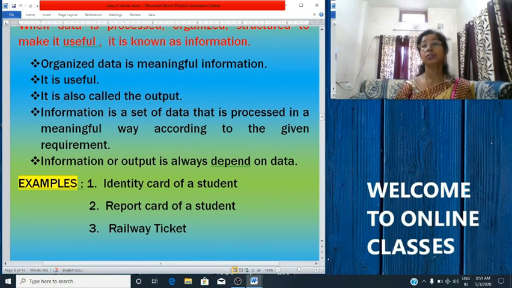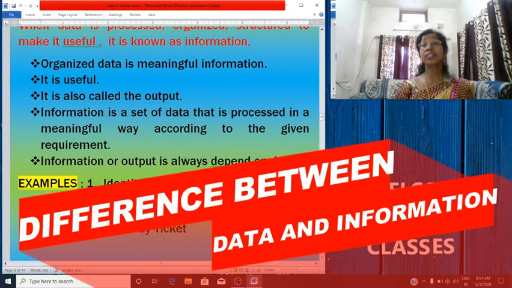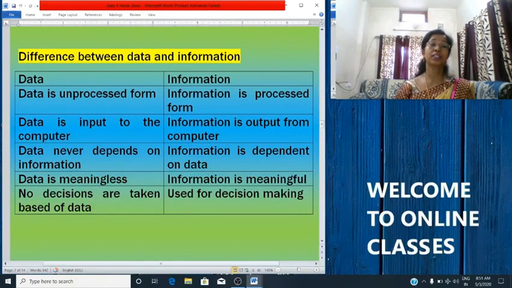Now we will see the difference between data and information. Data is unprocessed form. It is a collection of raw facts and figures. But information is in processed form. It is the processed information as per the requirement.